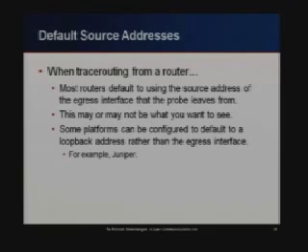Other platforms give you the option, and a lot of people configure this option, to default to sending out from the loopback. So for example, on a Juniper platform, you might be sourcing from something that is not that situation. And sometimes you have a router with multiple connections, and even if the egress is going out one direction, you might want to set the source address to something completely different to control the return path.